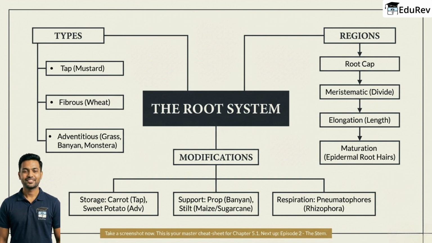And storage, support, and respiration explain the major modifications. If you can move confidently from origin to zone to adaptation, you are not just memorizing botany, you are understanding how the plant is built. That is the kind of clarity that makes exam questions feel familiar instead of frightening.